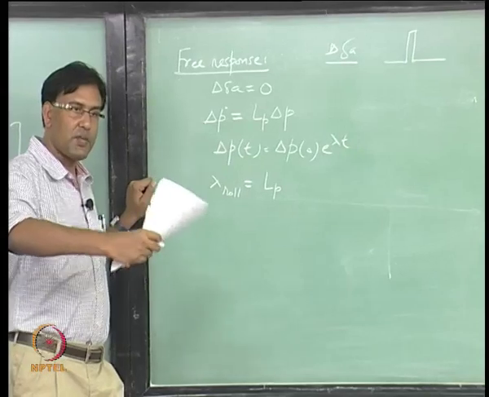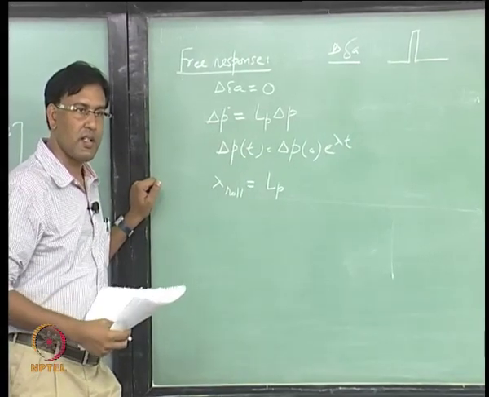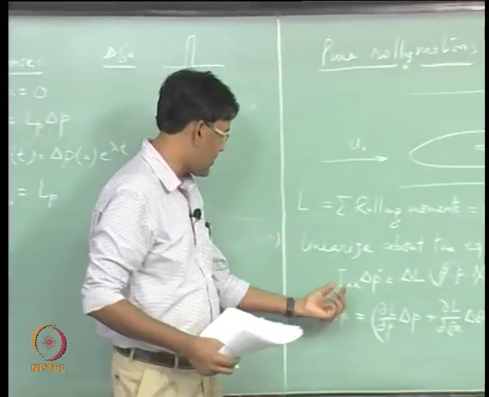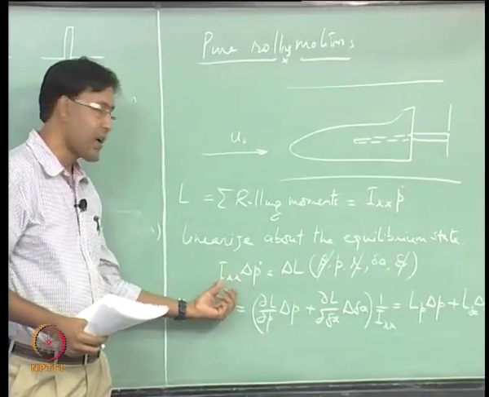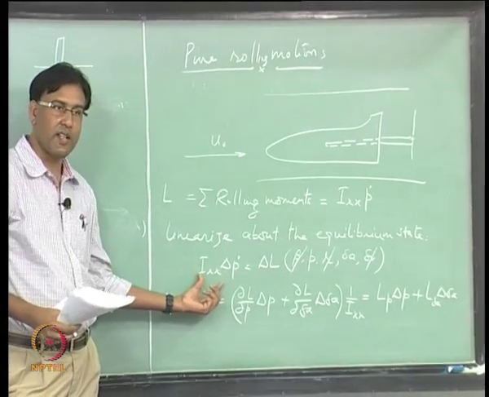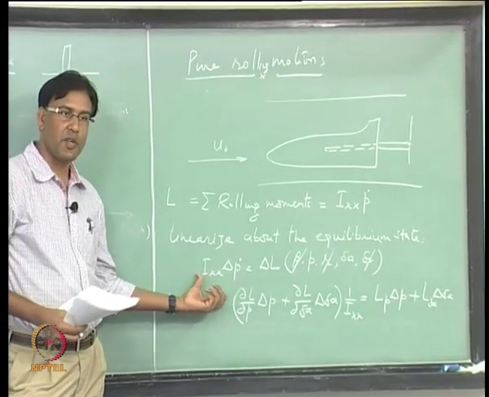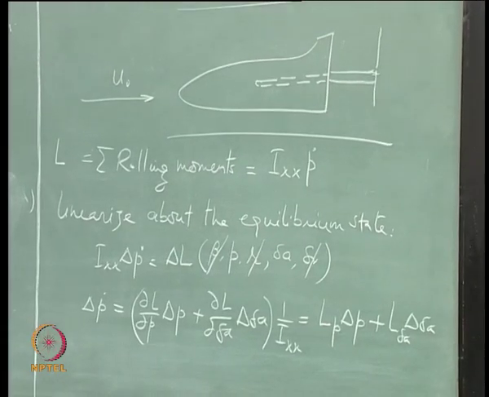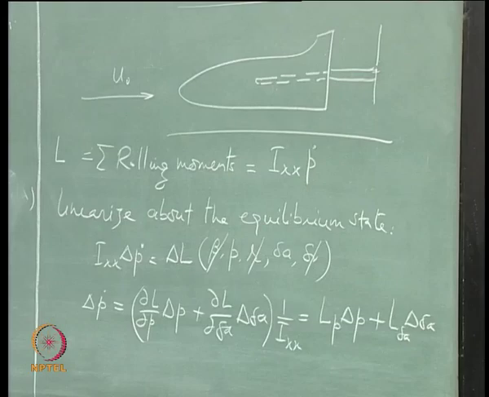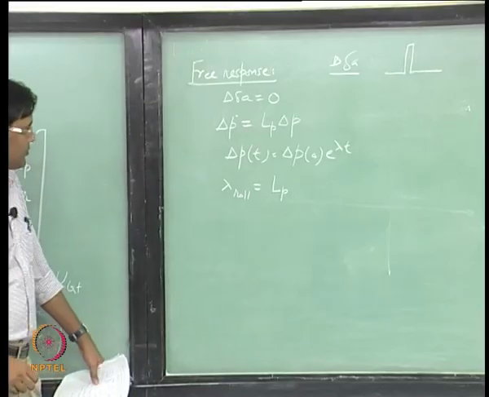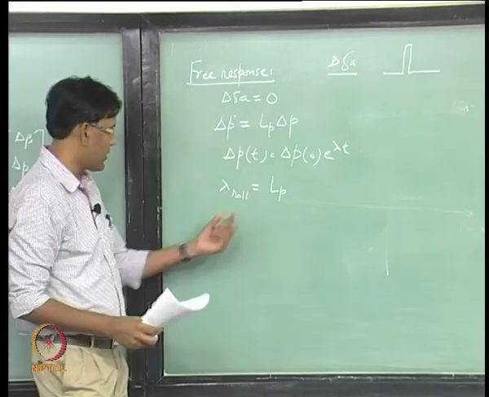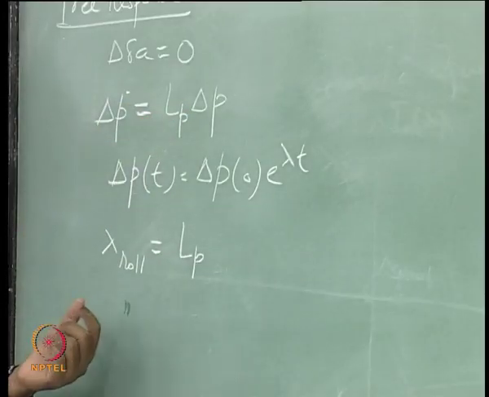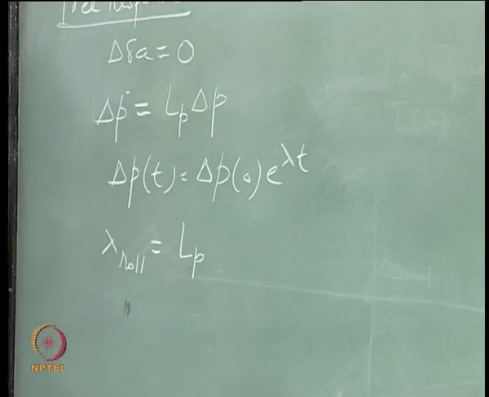Now, from the response you are trying to extract some parameters, right. Sometimes you can also find out what this Ixx is from the response. Okay, so the eigenvalue corresponding to this particular motion, constrained motion, is equal to LP.